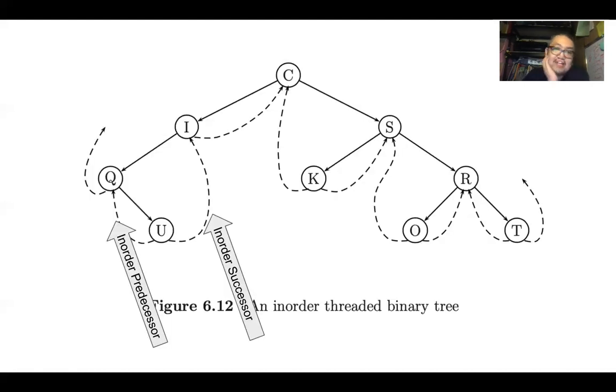But I think one question that we want to ask: we know that, for example, when we call the left son of U, how will we know if the left hand is actually an actual left child of U, or if it actually points to the in-order predecessor? Or if we call the right son of C, how do we know that the right pointer points to the actual node and not to the in-order successor of C?